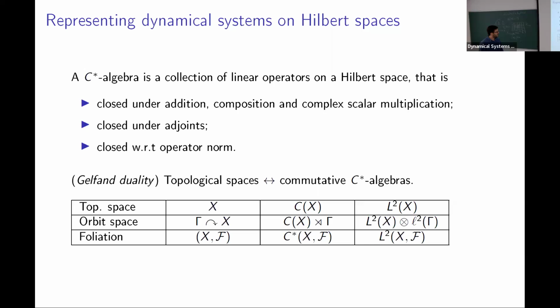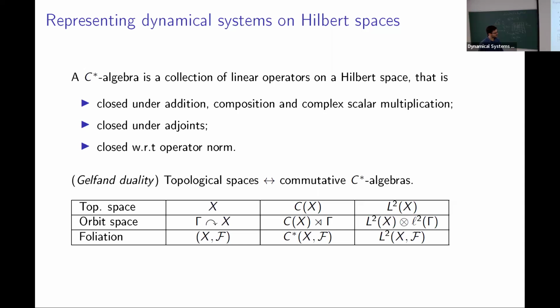Now, whenever you have a group action on a space, the equivalent C*-algebra is this semi-direct crossed product, and therefore you can encode the orbit space of the group action in this algebra.